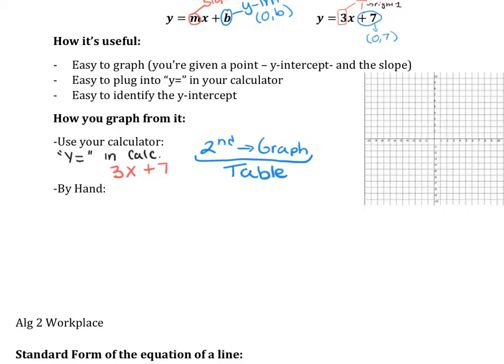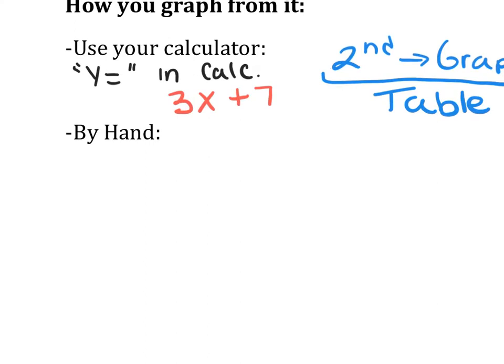Okay, so that's one way. Again, you can just look at the table, scroll up and down with the arrows to see points to help you graph. If we want to do it by hand, you would first plot the y-intercept.